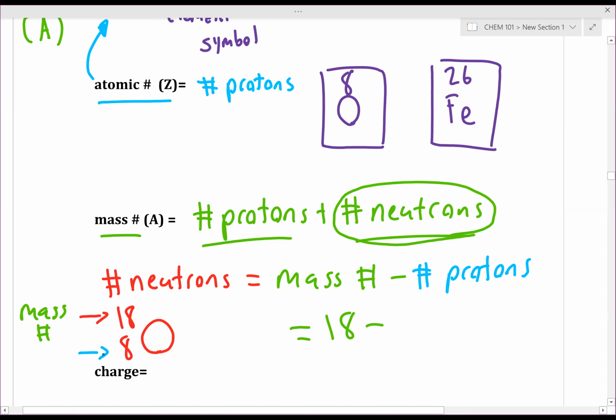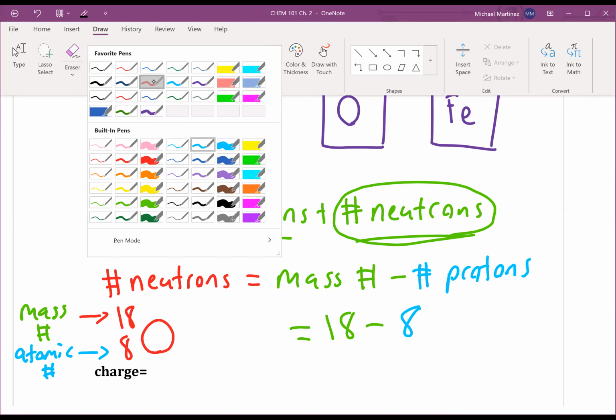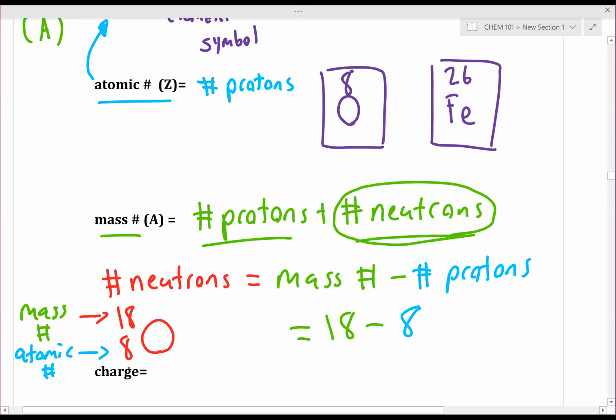What is that representing? That's the atomic number, which tells us the number of protons. So if we wanted to figure out the number of neutrons in this specific atom, our number of neutrons is equal to the mass number minus the number of protons. So in this case, we have 10 neutrons. Does that make sense? Okay.